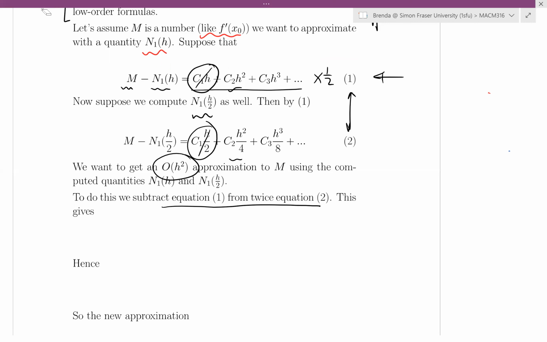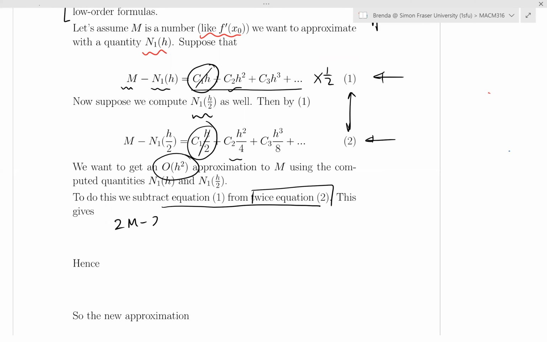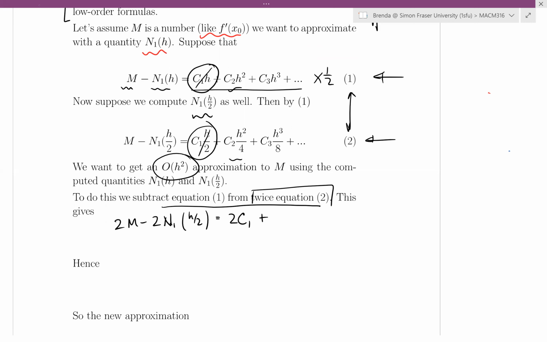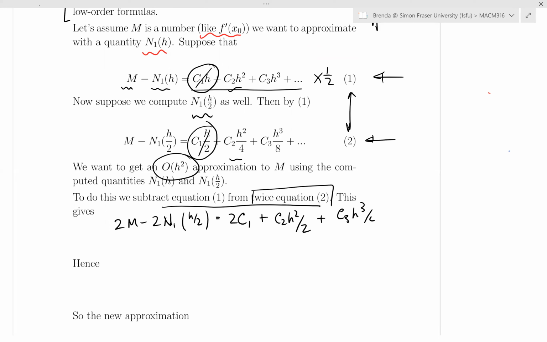I'm starting again. I'm going to take twice equation 2. I started writing equation 1. I'm going to take 2 times that one: 2M minus 2N1(h over 2) equals 2 times c1 h over 2 plus c2 h squared over 4 plus c3 h cubed over 8, multiplying both sides by 2.